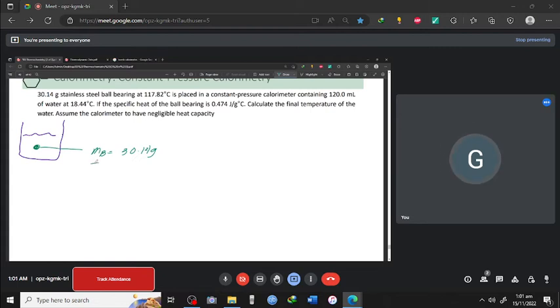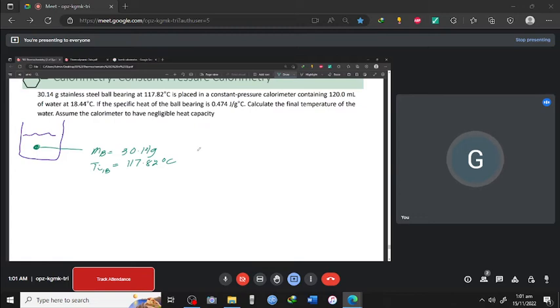For the temperature initial of the ball, that is given as 117.82 degrees Celsius. Tama? And for the specific heat of the ball, TIB to, TIB. Okay, barayin ko lang sandali yung equal dito. Okay, so TIB yan kasi temperature initial of the ball.